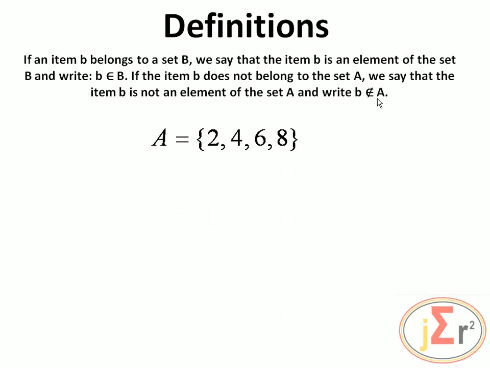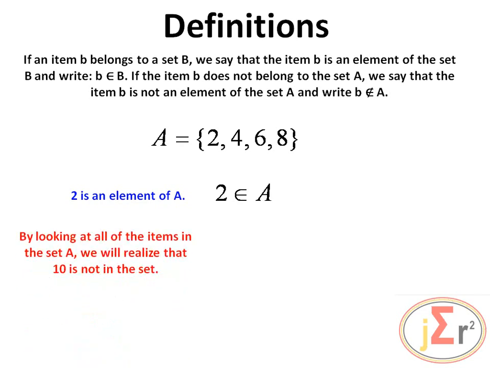So there we have our set A, and what about the element 2? We notice that the element 2 is in that set. Therefore, we conclude that 2 is an element of the set A. By looking at all of the items in the set A, we will realize that 10 is not in the set A. So in that set we have 2, 4, 6, and 8. 10 is not in that set.